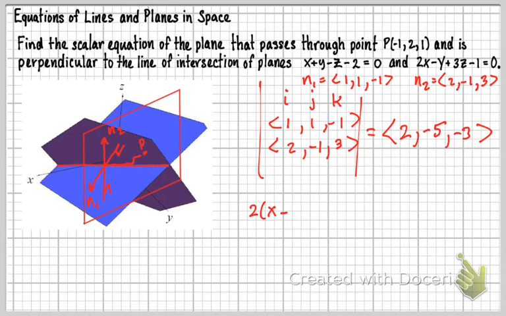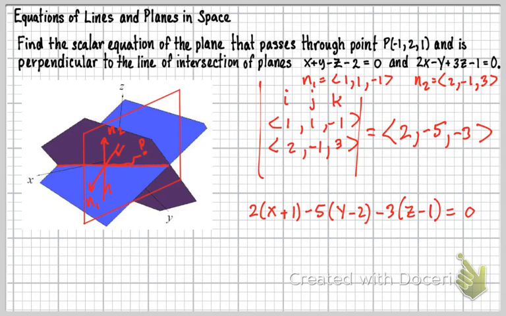So that's going to be 2, there's my a, times x minus negative 1, so plus 1, plus, or I'm going to write a minus here because my b is negative 5, times my y minus y naught, which is 2, because there's my y naught, and then I have minus, and because that's a negative as well, 3 times z minus 1, and that equals 0. So that's my general form of the equation of a plane.